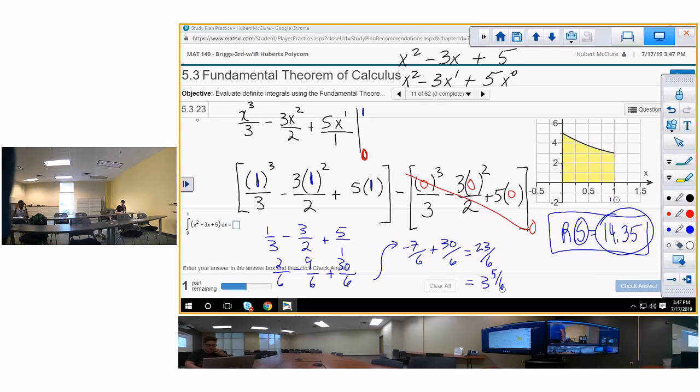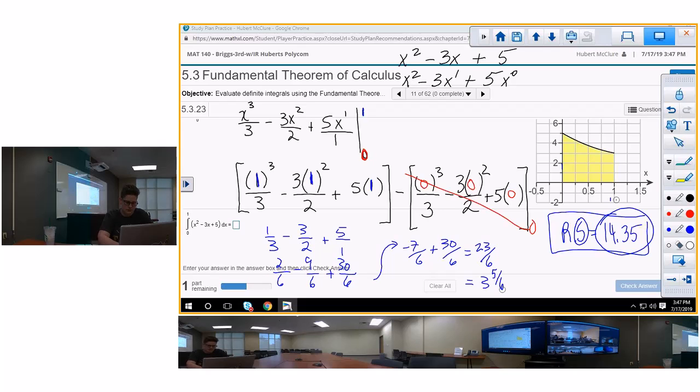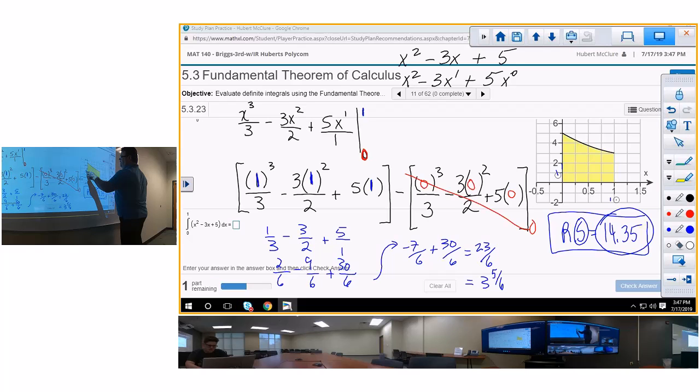Let's see, this is 1, this is 1, 3, but these are quarters. So this is 0.25. So 1 times 0.25. If you add these up, it should equal this. My bad.